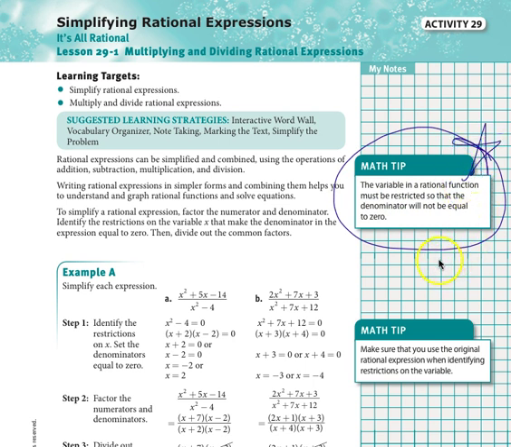So put a big star here, because along with our simplification, we're going to have to list restrictions for every single problem. And the variable in the rational function has to be restricted so that the denominator will not equal 0. So basically this paragraph right here is telling you exactly what we're going to do.